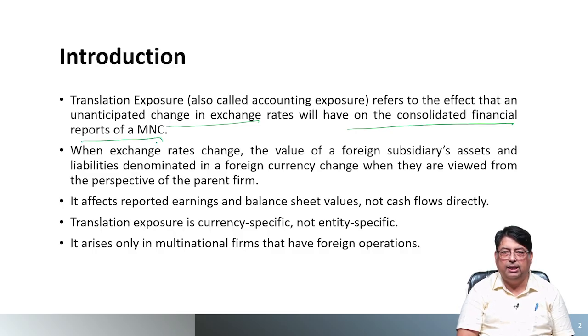Now, what is a multinational company? A multinational company is a company which has a strategic presence in two distinct regions of the world. When exchange rates change, the value of foreign subsidiaries' assets and liabilities denominated in a foreign currency changes when viewed from the perspective of the parent company.